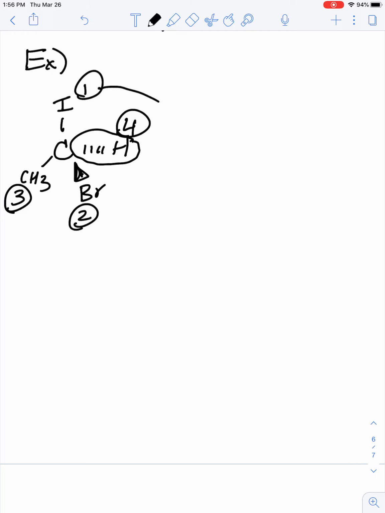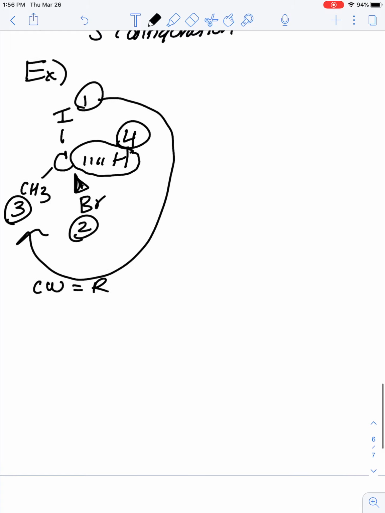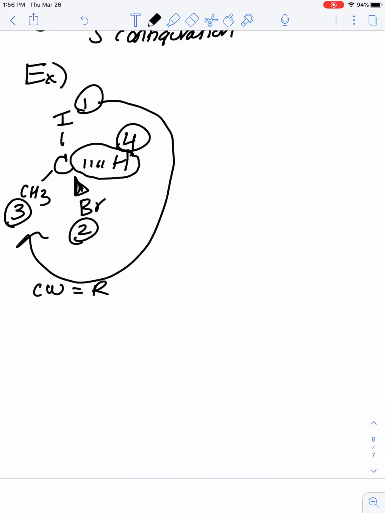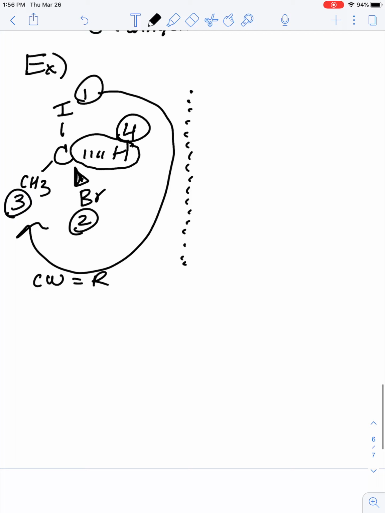So now we're going to look at our numbers. We're going from 1, 2 to 3, so we're going clockwise, which means we have an R configuration. Let's think of the enantiomer. We talked about this last lecture. We're going to have a mirror plane, and when we draw this, we're going to have something that looks like this.